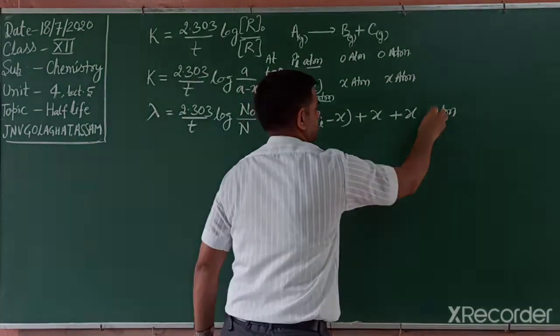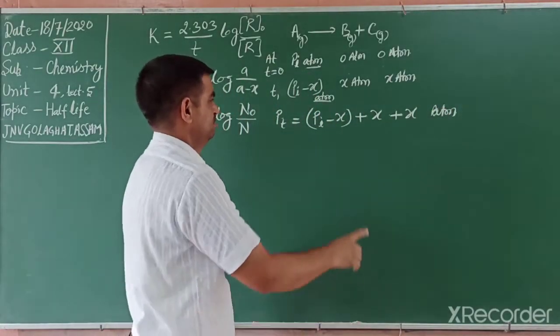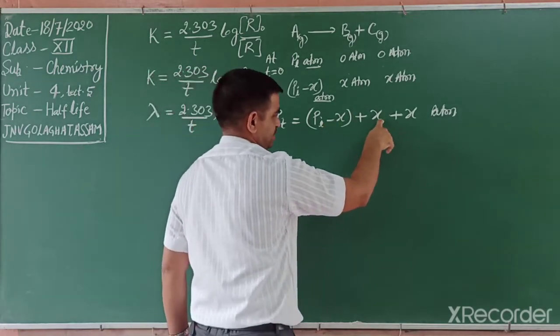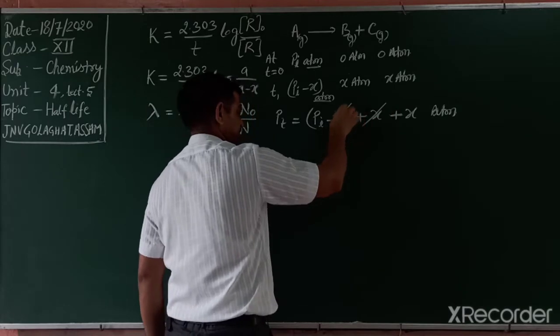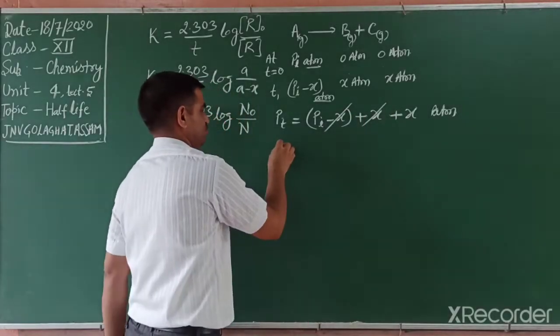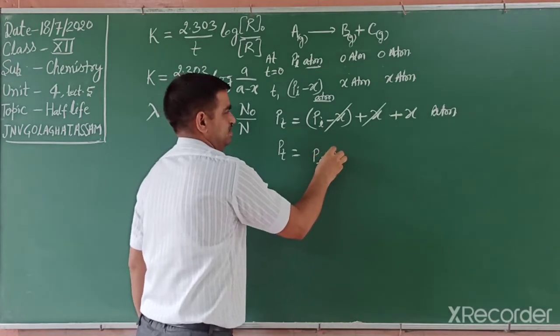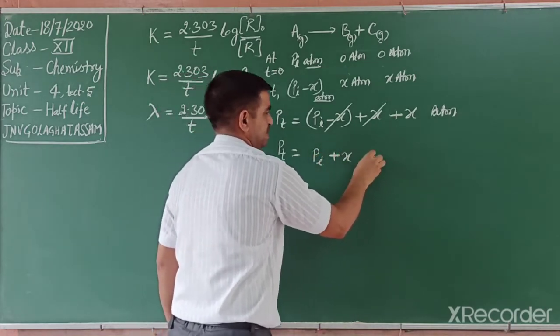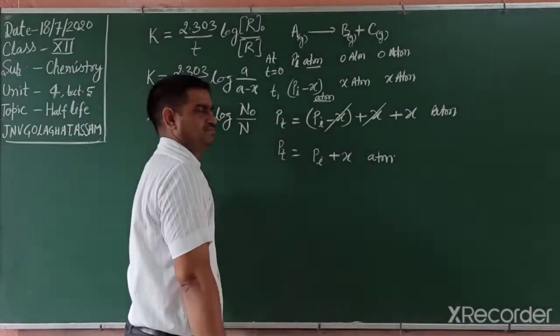So students, if we solve this further, minus x plus x and plus x, one x cancels. So P total is equal to Pi plus x atmosphere, that is the pressure.